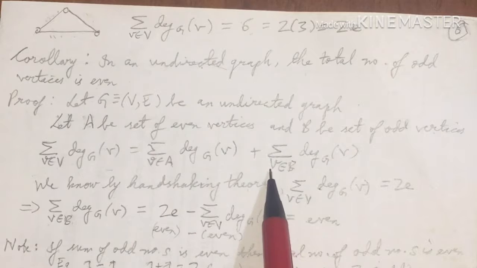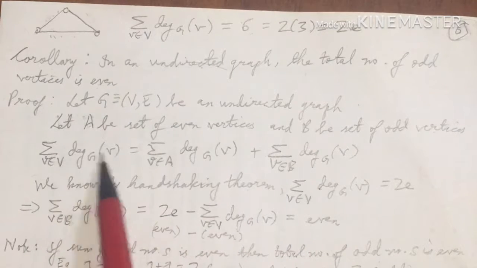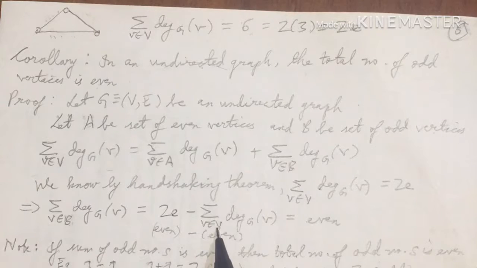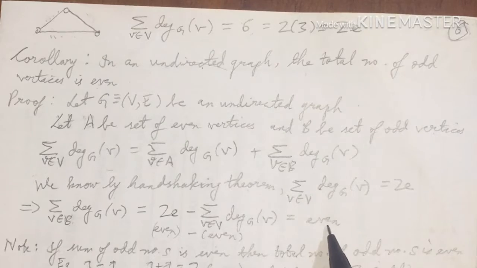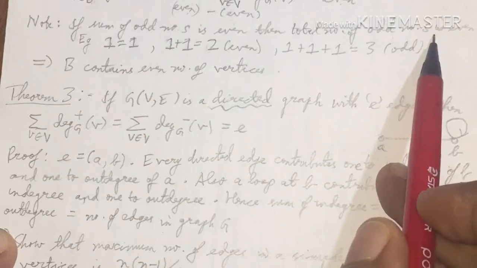So by rearrangement, we find that the sum of the degrees of odd vertices is 2e minus the sum of the degrees of even vertices. 2 times the number is even, and the sum of even numbers is also an even number, and the difference of even numbers is even. Note, if the sum of odd numbers is even, then the total number of odd numbers is even.